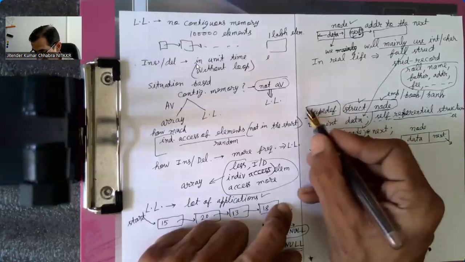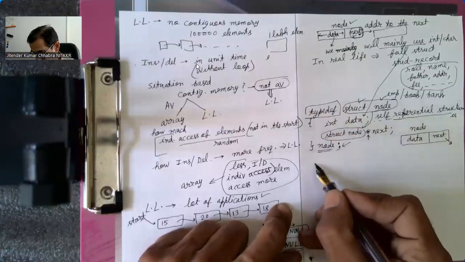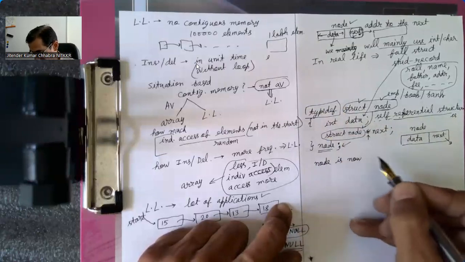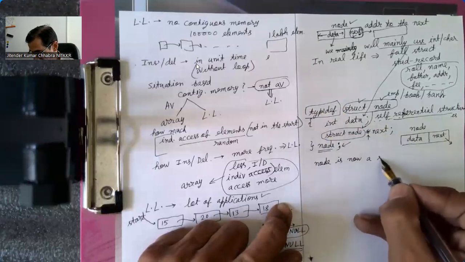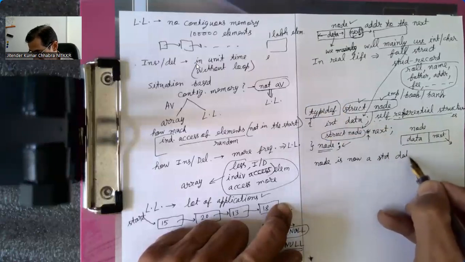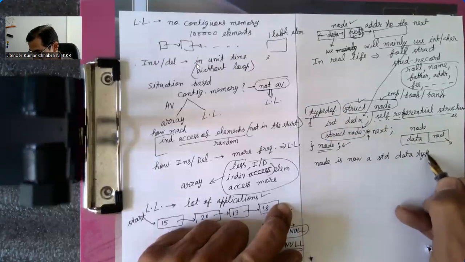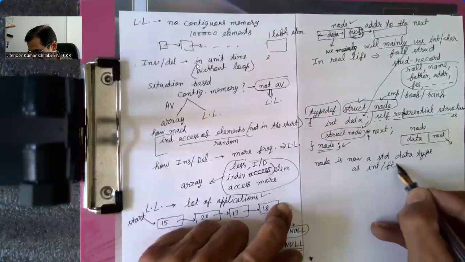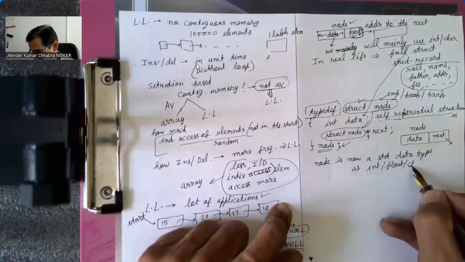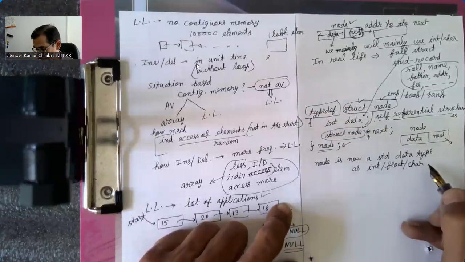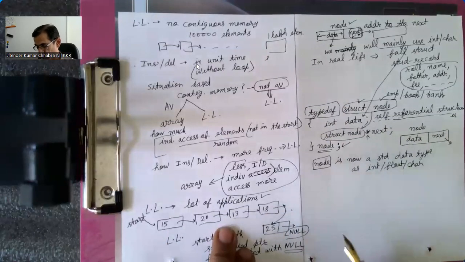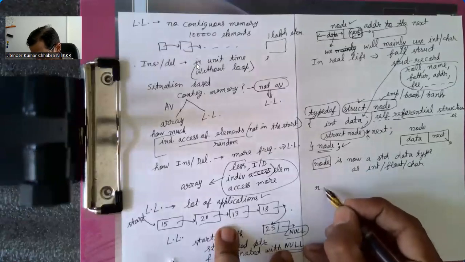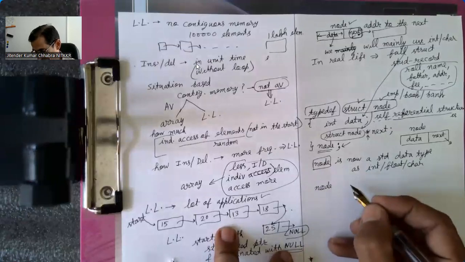While using typedef, the advantage is that node has become a standard data type for future usage. It is as good as integer or float or char. So the way you use int, char, float data types, now you can use node also as a data type. Advantage: now you can declare node-based variables.